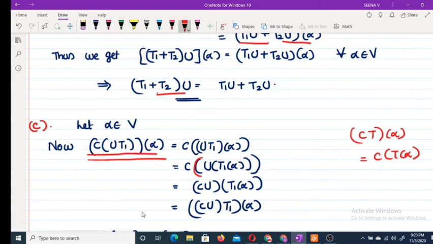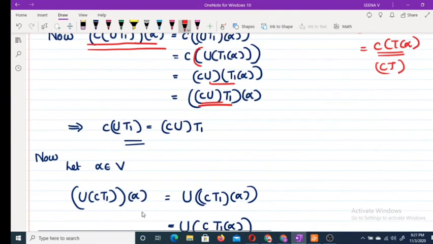Since c times u of something you can write as cu of that something, which is equal to (cu)t1 of alpha. And this is true for every alpha. Therefore, c(ut1) is equal to (cu)t1.